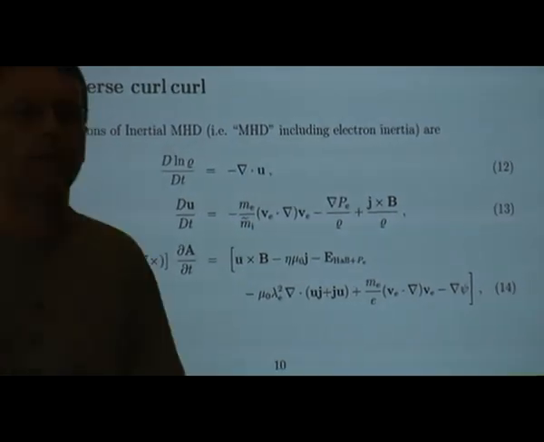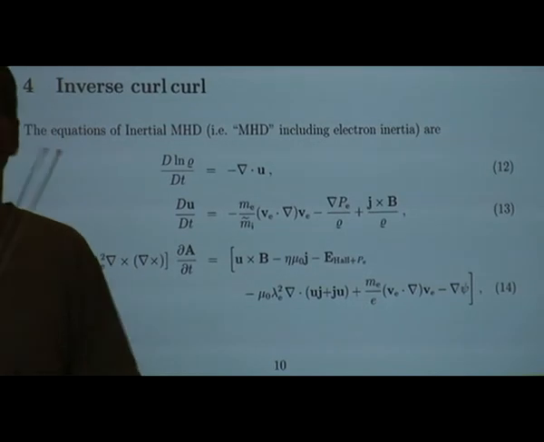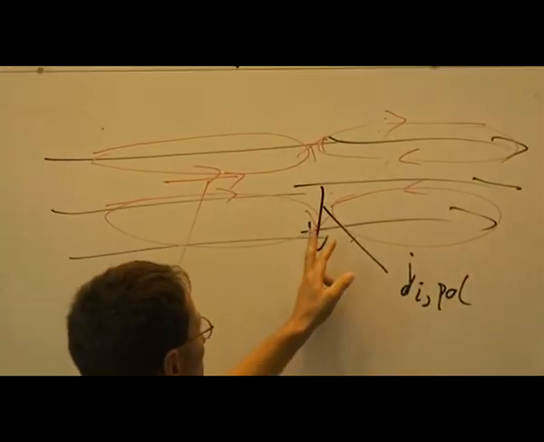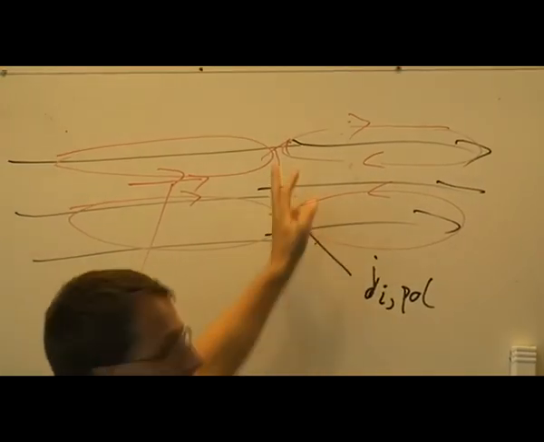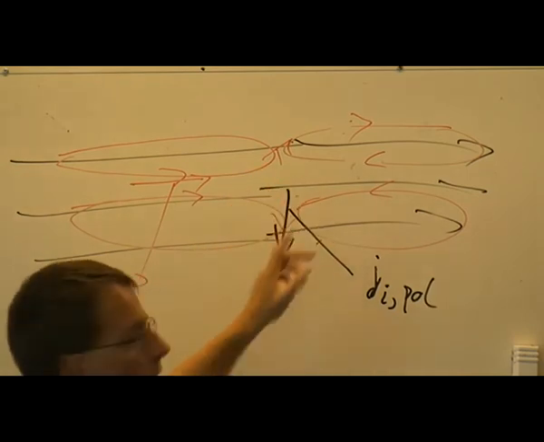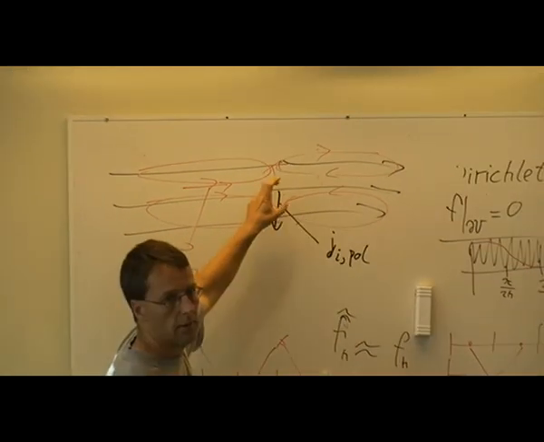Even though the electron mass is small, the momentum transported by the electrons in this direction can easily be comparable to the momentum carried by the ions in that direction, because that velocity is much larger than this one, because that length scale is much larger than this one.